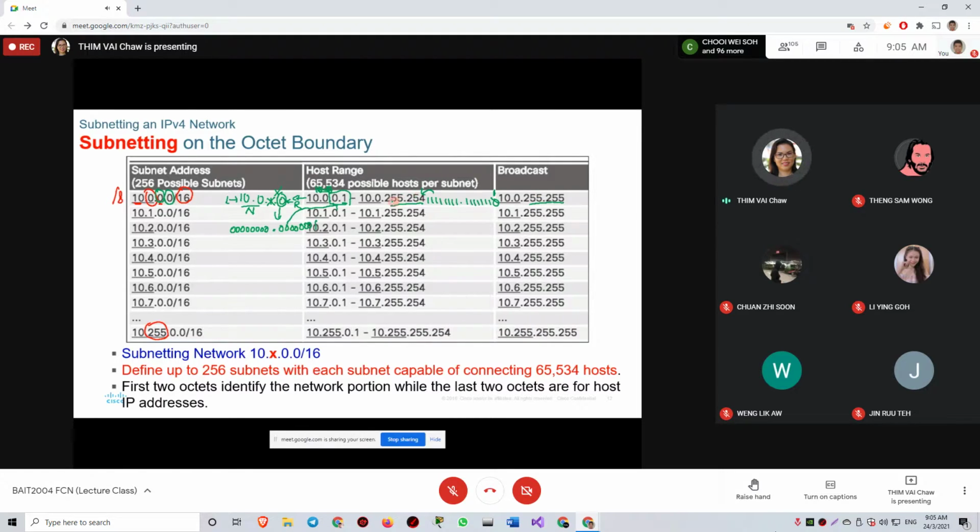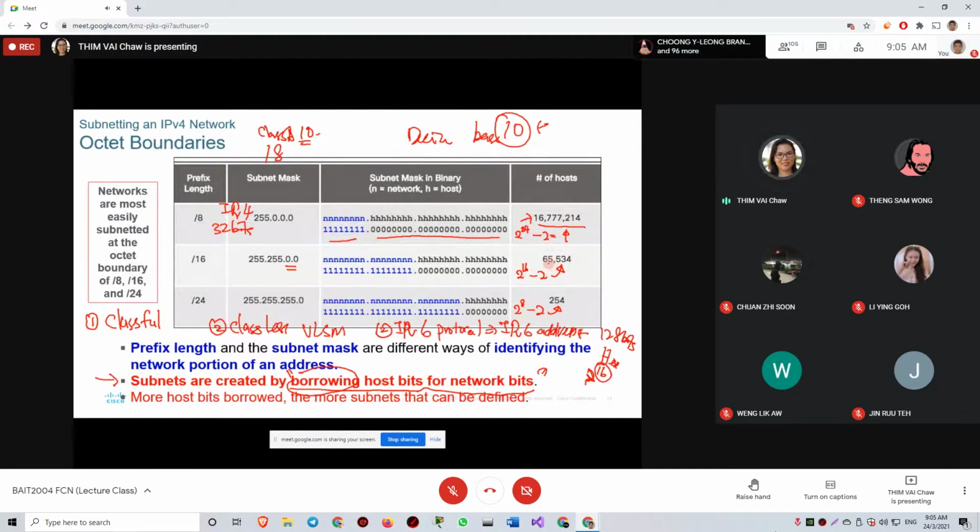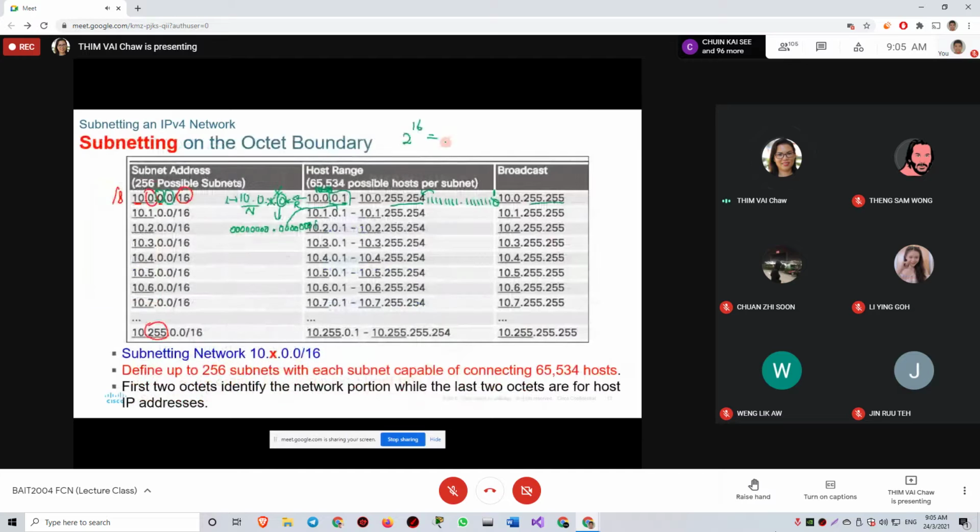So it means that from these 2 bytes, 2 power by 16, that should be 65536. Okay, 65536 minus 2, you have 65534 usable addresses.